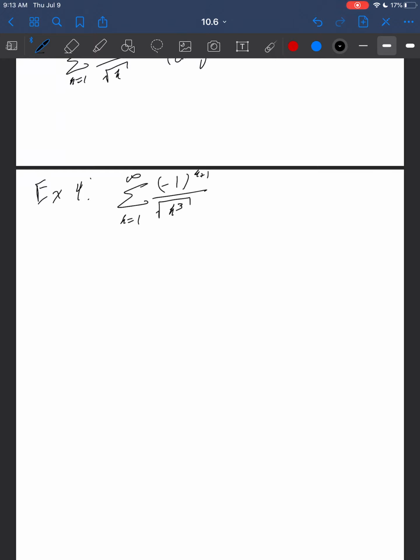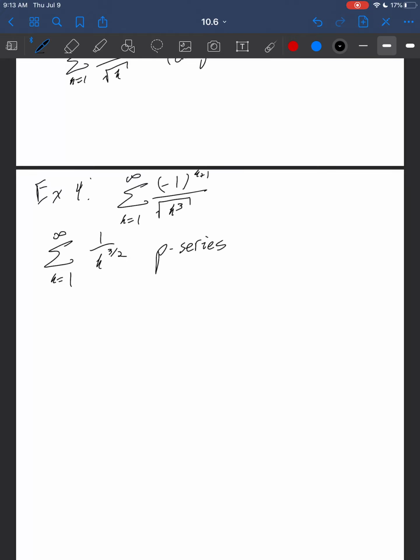Again, just as a general idea of something that's good to do, let's first check if this is going to converge absolutely, because in that case, it's going to also converge conditionally, and so we'll be able to get both with just proving one thing. So we're looking at the sum of the absolute value of this, so the negative 1 to the k plus 1 will go away, and we're left with 1 over k to the 3 halves.